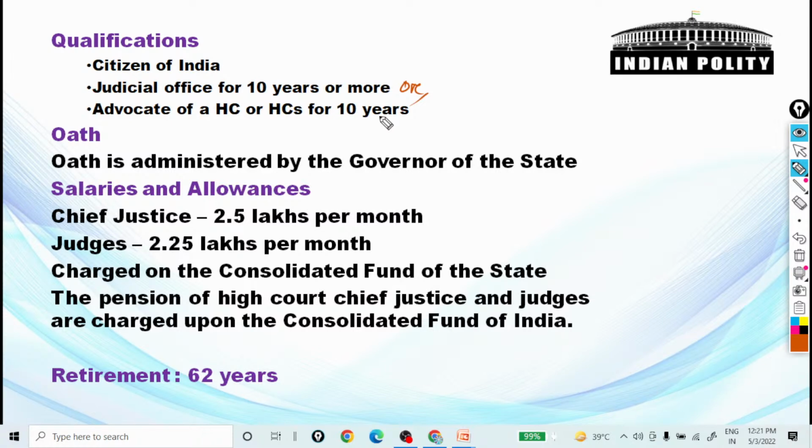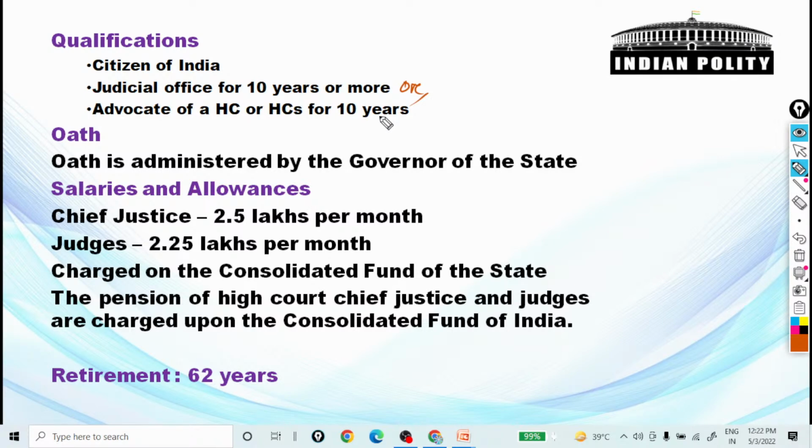Hence, they have more responsibility towards the Constitution. Remember, the oath is taken under Article 219. They take oath before the governor of the state concerned or any person nominated by him.